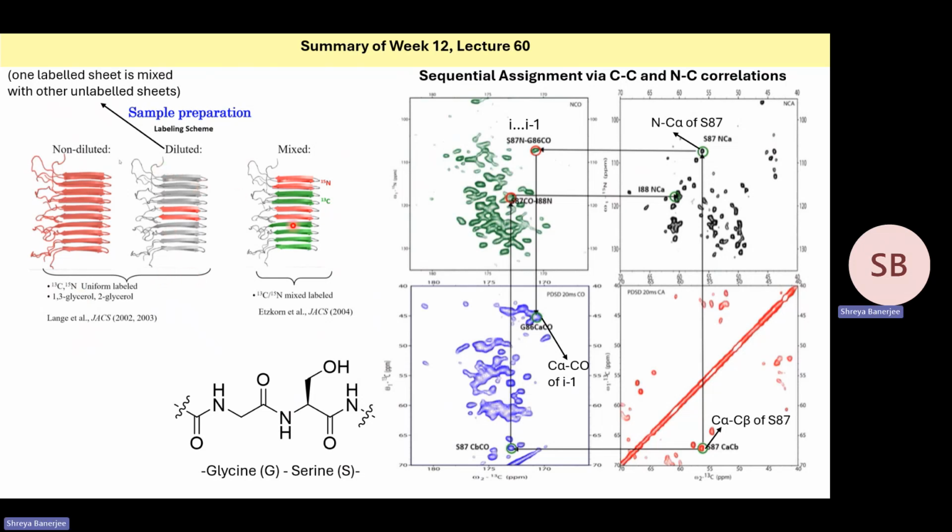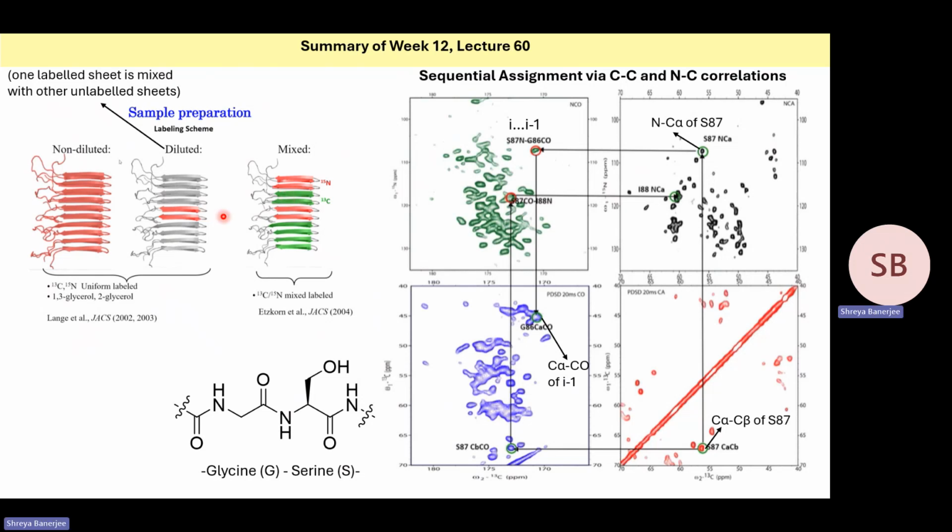Or you can have another sample preparation scheme where you have mixed labeling. So one beta sheet having 15N labeling, next beta sheet having 13C labeling, after that again 15N, and so on. So in the aggregate, some beta sheets are labeled with 15N and some are labeled with 13C. This is how the samples are prepared for NMR, because we know that if we are doing heteronuclear NMR, we need to label the samples. So these are the different ways in which the samples can be labeled.